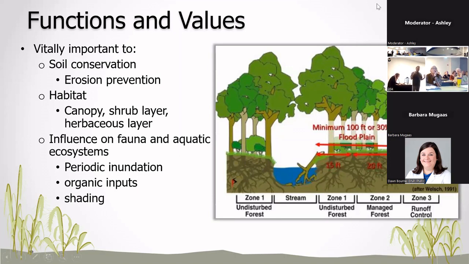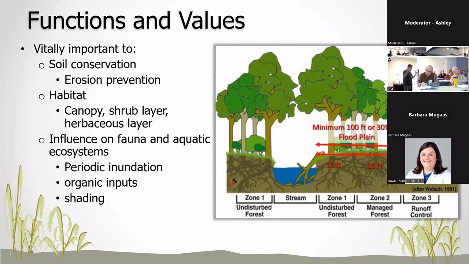A healthy riparian buffer is just like any other kind of ecology. There is a structure to it. So you have canopy trees, those are the big trees, and there's a shrub layer, and then you have a subcanopy layer, and an herbaceous layer. Just like any kind of forest, all those components should be there, and they're critical to the function of the riparian buffer.